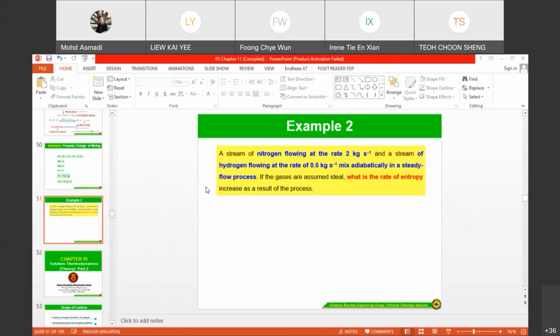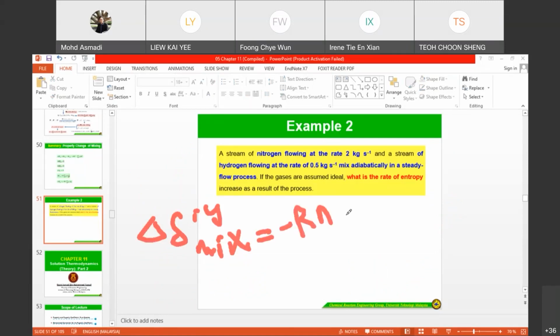So once you get the fraction, delta S ig mix equal to negative R N total, right? Summation yi ln yi.